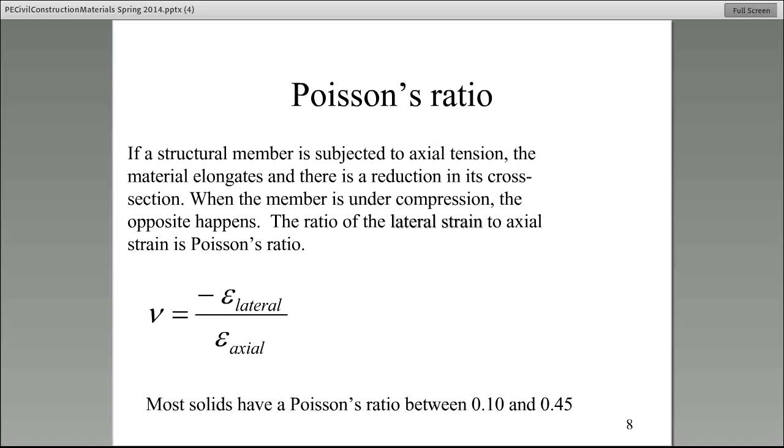It talks about the Poisson's ratio. In words, you can read what that says. That's the effect that we're looking at. And nu is always equal to minus epsilon lateral over epsilon axial. Sometimes, and this is very important, there have been problems just talking about Poisson's ratio.